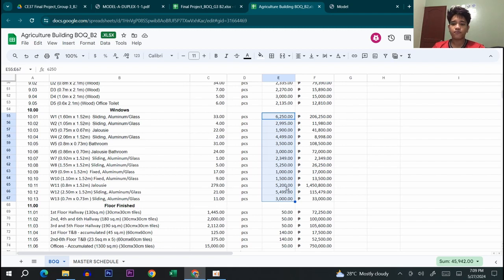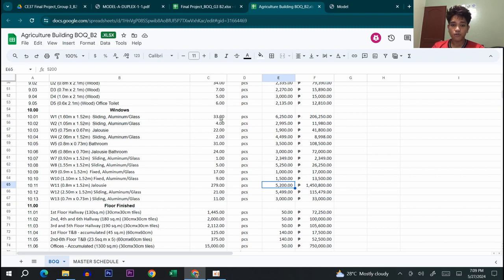So for window 11, which is the jalousie window, we have come to an assumption that each piece would be at around 5,200 pesos, and multiplying it by the 279 pieces, which would give us 1,450,800 pesos.